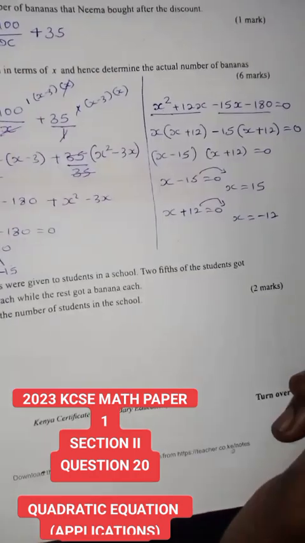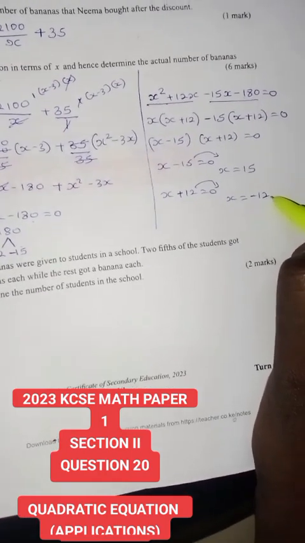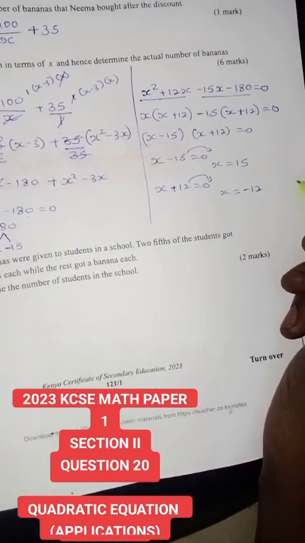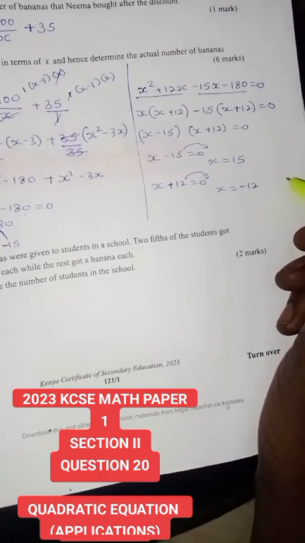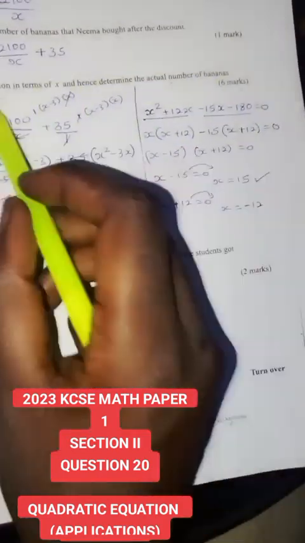I'm told to hence determine the value of x. I'm going to ignore the negative one because we cannot have negative bananas. It is impossible. So we're going to have 15 as the correct answer. Now you are told to determine the actual number of bananas bought.